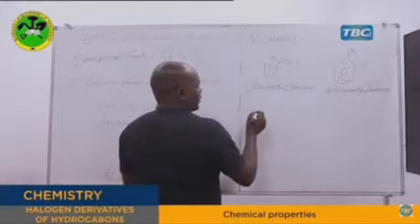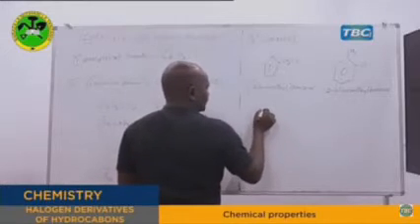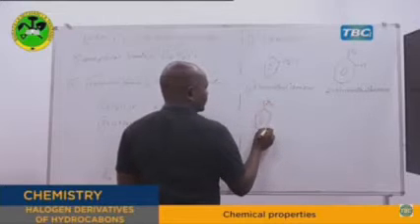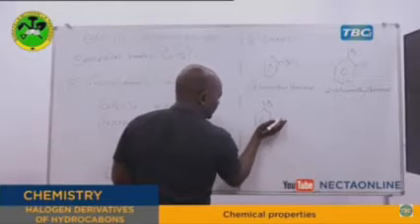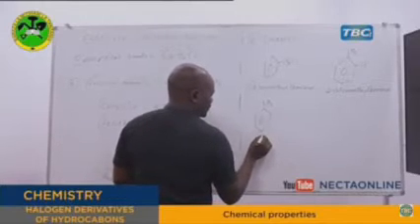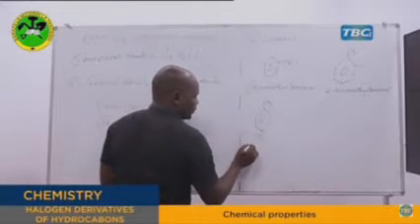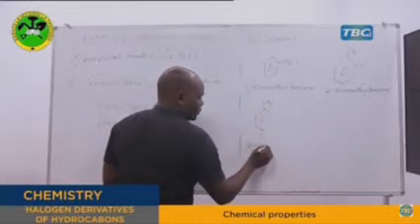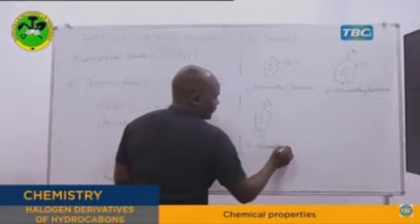But also another isomer can be this one. And this is 1, 2, 3, 4. This is 4-chloromethyl benzene.